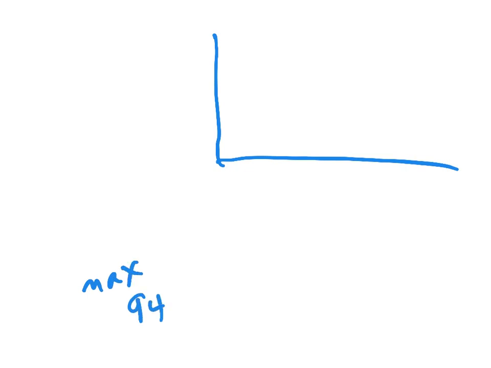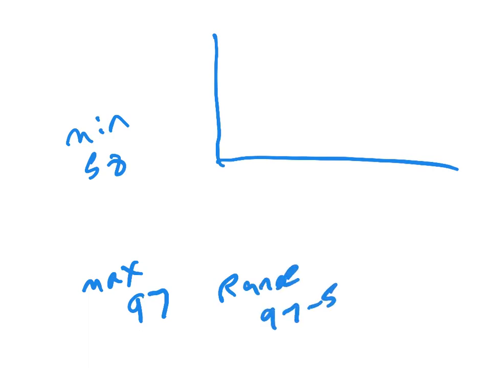No, 97. Okay, let me fix that. What was our min? 58. So if I'm doing this for myself, I'm going to do the range, which was 97 minus 58, and that is how much?